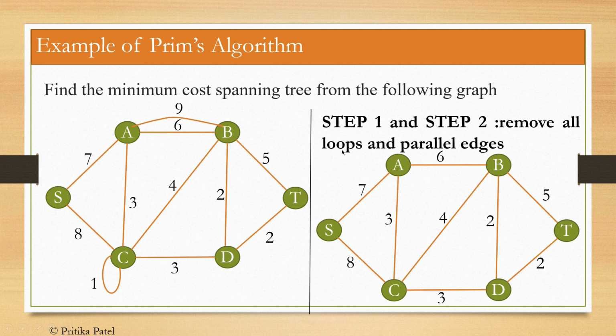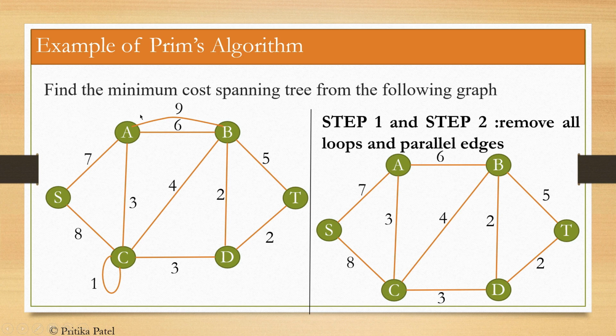Now step number 1 and step number 2: remove all loops and parallel edges, because in the algorithm steps we have seen that step number 1 is to remove all loops. Here there is only one loop, at vertex C, so we remove it. Step number 2 is to remove all parallel edges.